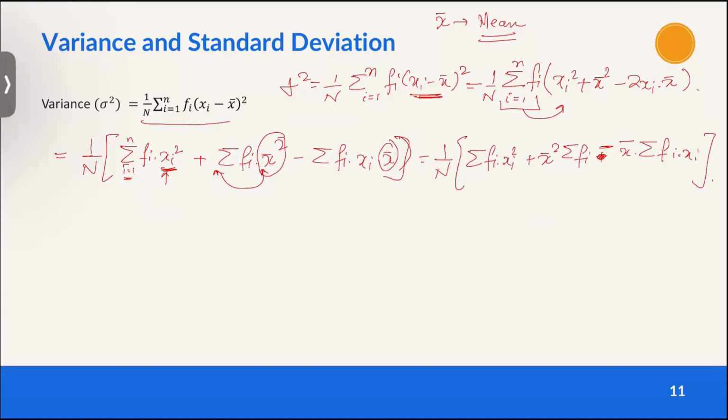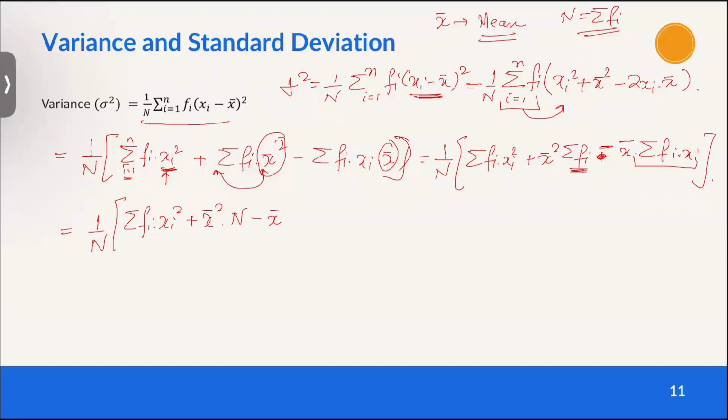Okay. Now you see this summation of fi is capital N, right? N is equal to summation of fi. Remember? So we'll get 1 by n summation of fi times xi squared plus x bar squared into n. Now you see this term, you can write it in a different way.